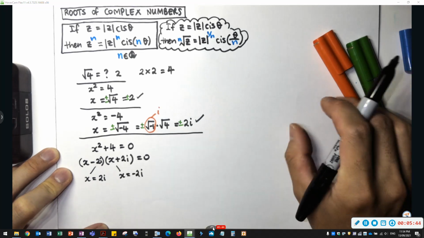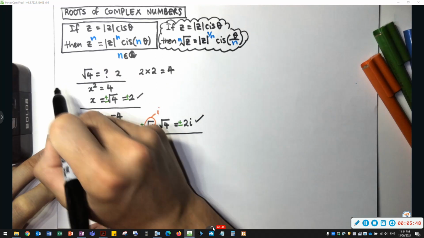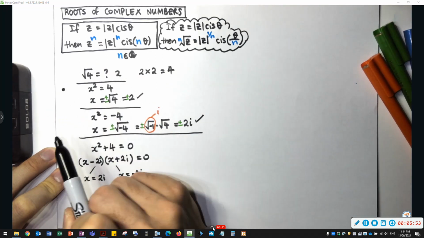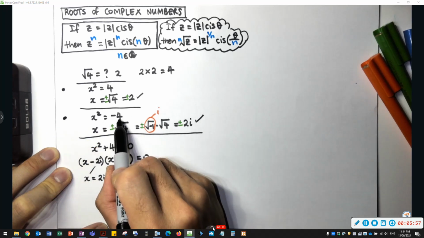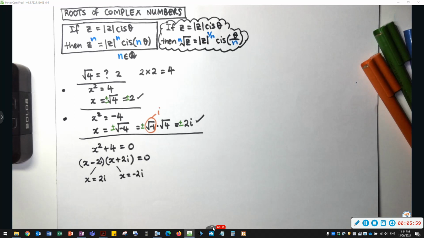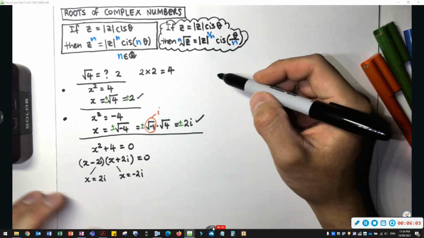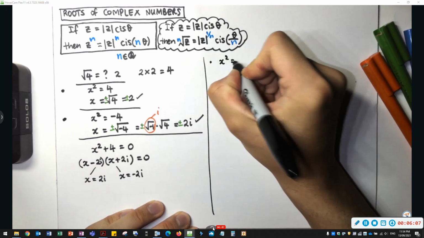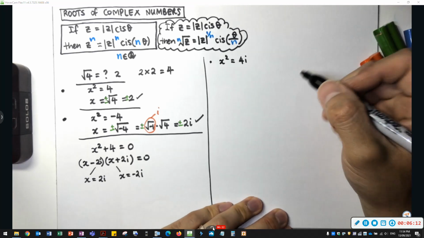More about that later. So now we've looked at x squared equals 4, purely real. X squared equals negative 4, still real but in the negative. What happens if you have an imaginary value? How do you solve x squared equals 4i? Alright, let's use a similar process.